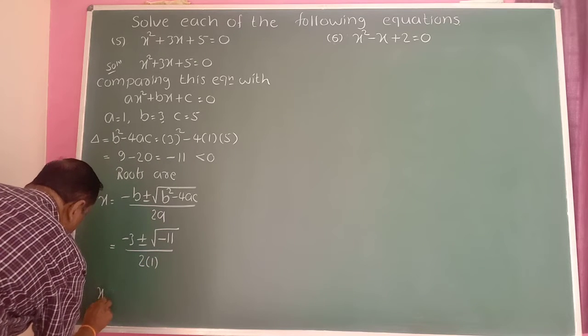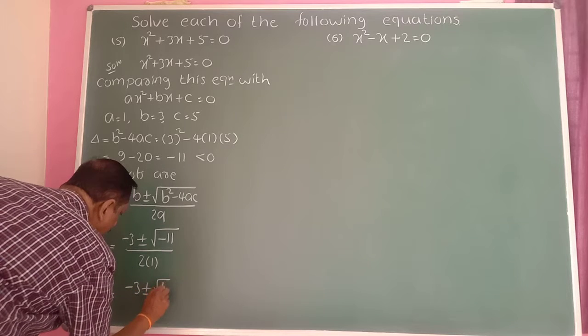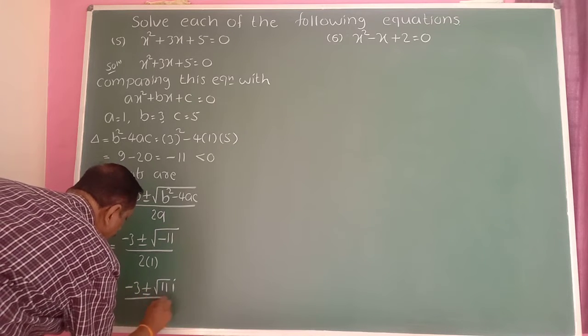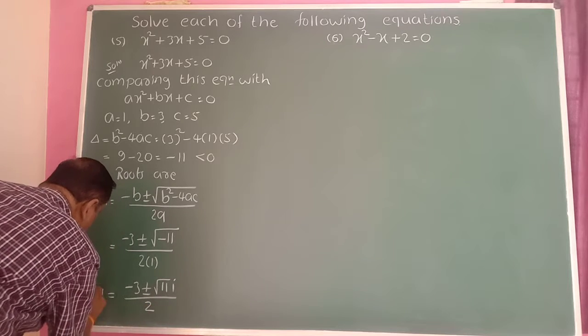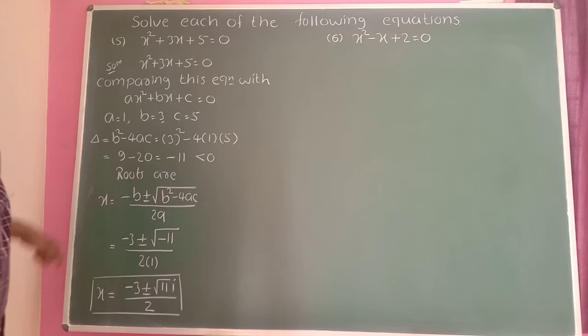Therefore, x is equal to minus 3 plus or minus root 11 into i divided by 2. So these are the roots of the quadratic equation.